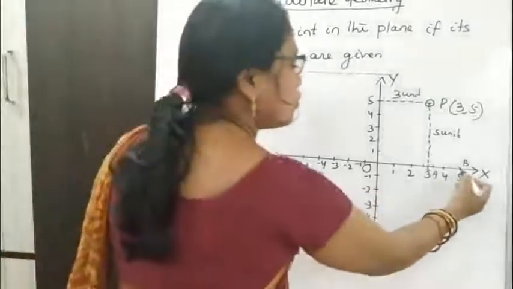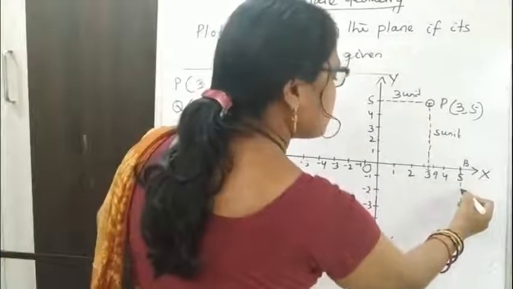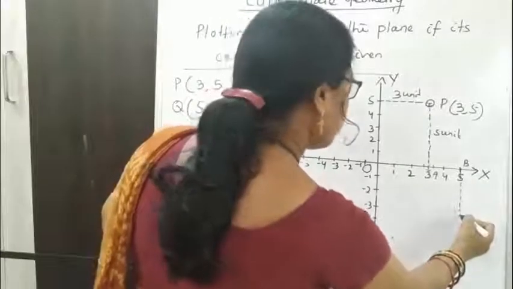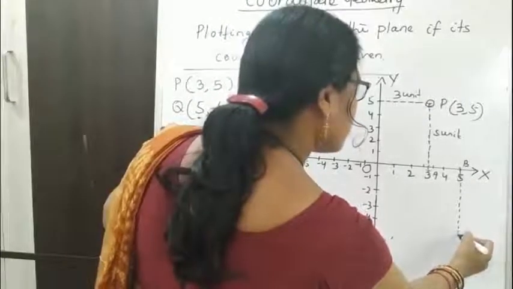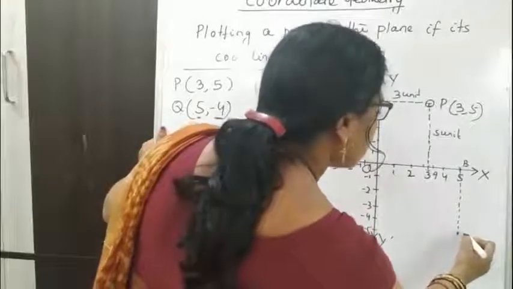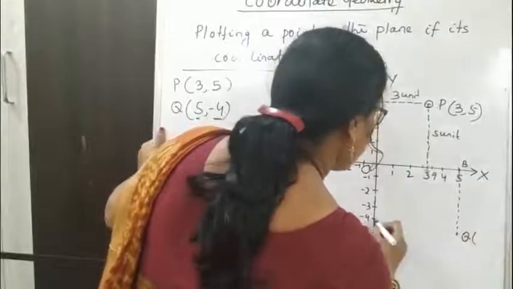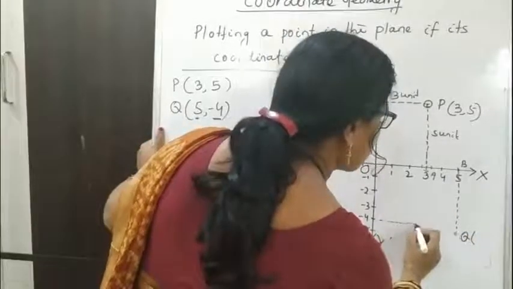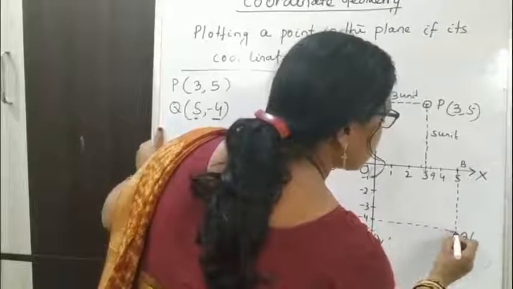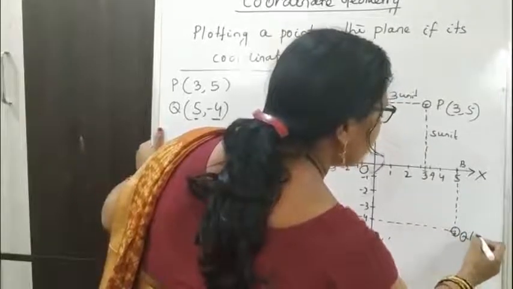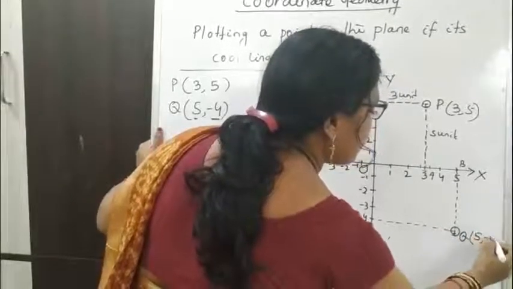So we have to move in this way. So this is Q. Then again we join this line also.